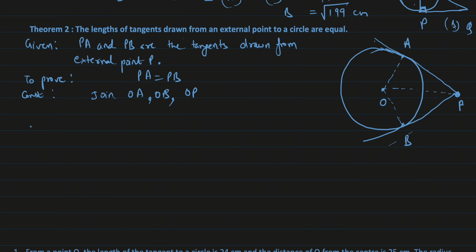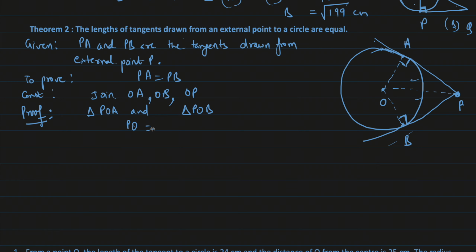Now here students, we will be using the first theorem that we have used, that tangent is perpendicular to the radius at point of contact. Yeah, you see there are two triangles and in these two triangles you have to prove the sides equal, so you will be doing the congruency part over here. Okay students, so let's take the two triangles, triangle POA and triangle POB.